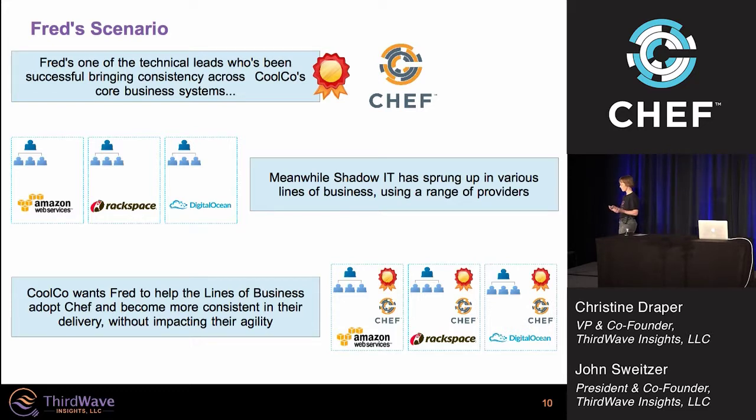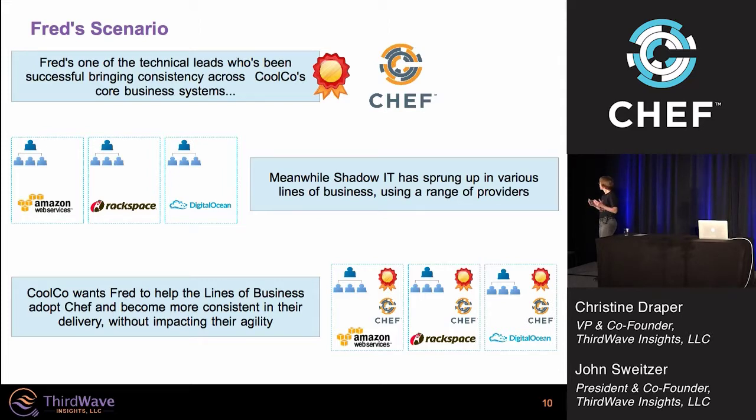So let's join Fred. Fred is one of the technical leads in the IT organization that John was talking about, who's had some success in bringing consistency to Coolco's core business systems. Meanwhile, like is happening in a lot of the industry, there are people in the lines of business trying to innovate and deliver new generations of applications rapidly.